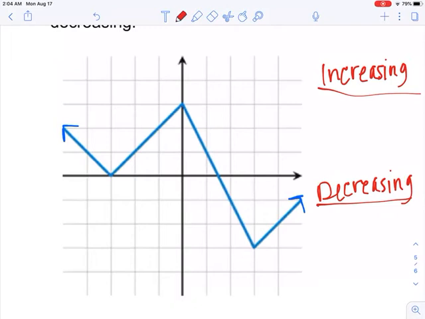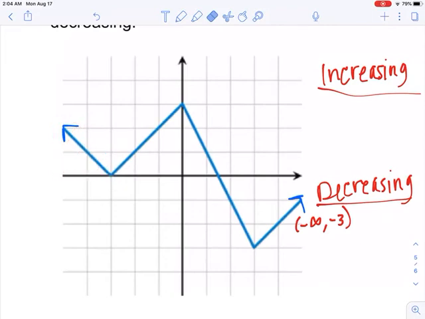So this right here, we're just going to start from left to right. This first part, up until this coordinate right here, it looks like our y values are falling. So from negative infinity until negative 3, we're decreasing.